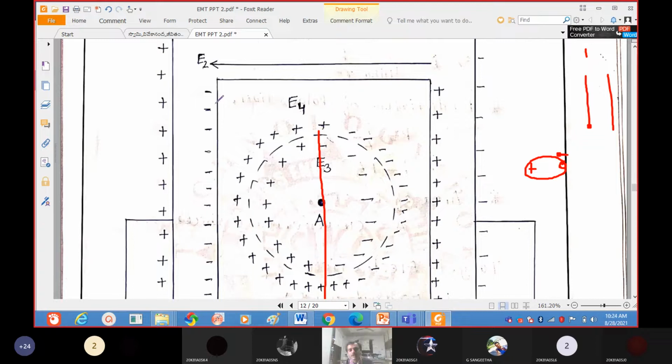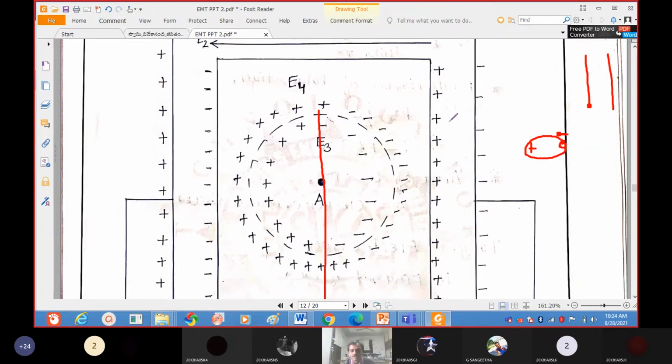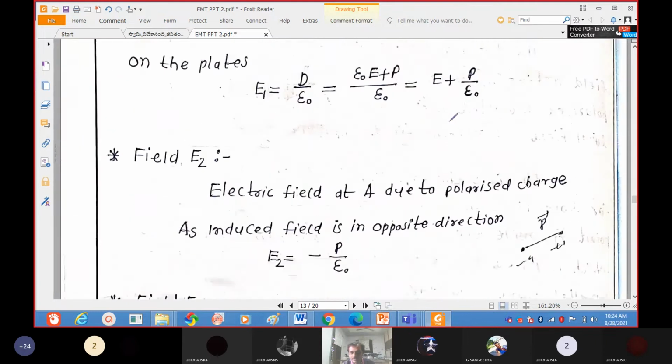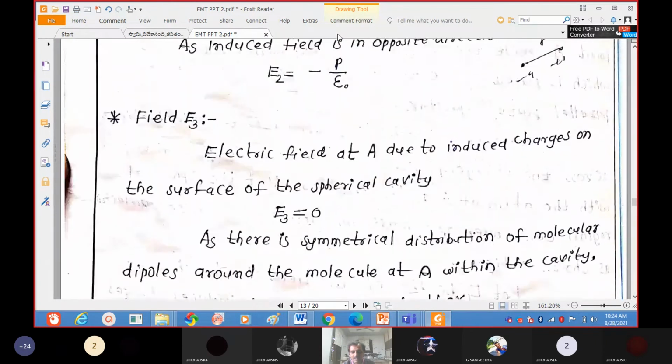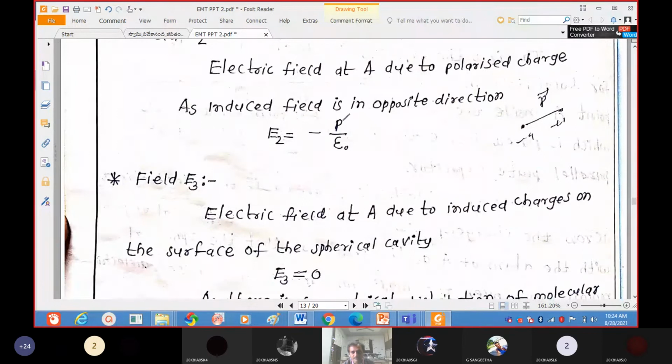Due to polarization, some charges are accumulated on this side and this side, so the charge is numerically equal to the polarization value P. Actually Q by epsilon naught is the formula, but instead of Q I am writing P, because this is due to the induced charge. So P by epsilon naught.